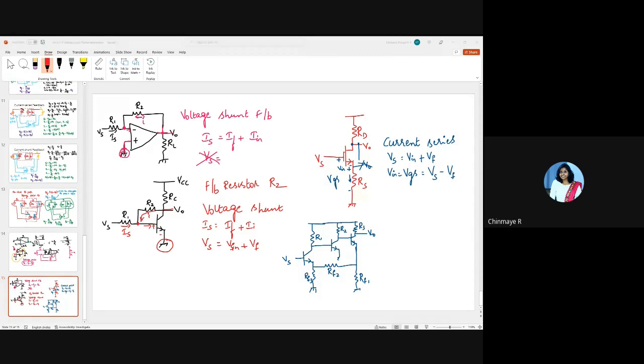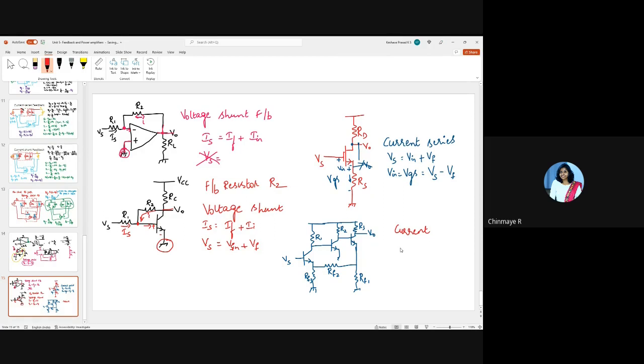All of you understand that we are not sampling the output voltage, but output current. That's clear because we are not sampling anything from this point, right? We are not sampling anything from this point. So therefore, we are not sampling the output voltage, but we are sampling the output current. So the first term is clear. It is current.